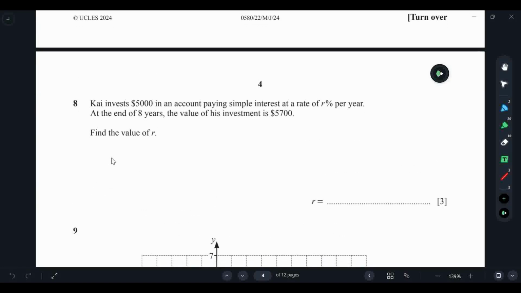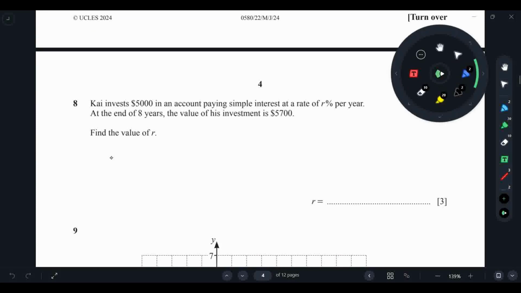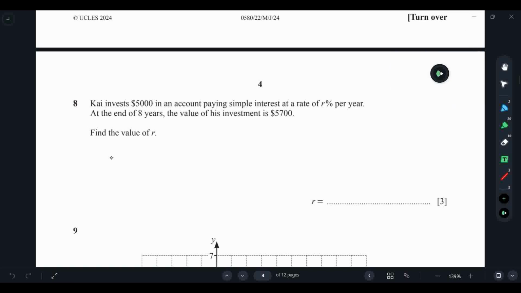In question number 8, first of all, we need to understand the question. They said that Kai invests $5,000 in an account paying simple interest. So we need to highlight the simple interest.